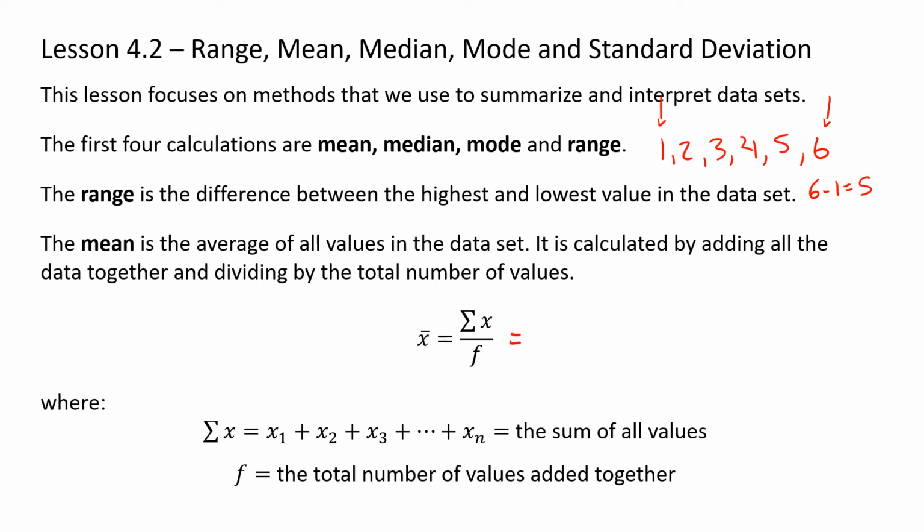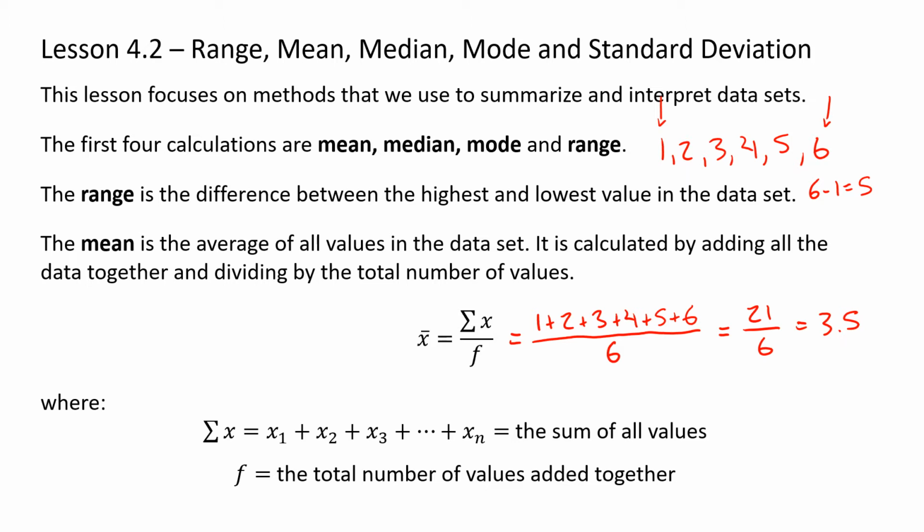So our mean would be 1 plus 2 plus 3 plus 4 plus 5 plus 6, divided by the total number of values, which in this case is 6. If you add these up, on the top we have 21, and that is divided by 6 values. So that gives us a mean of 3.5. Simple, pretty straightforward.